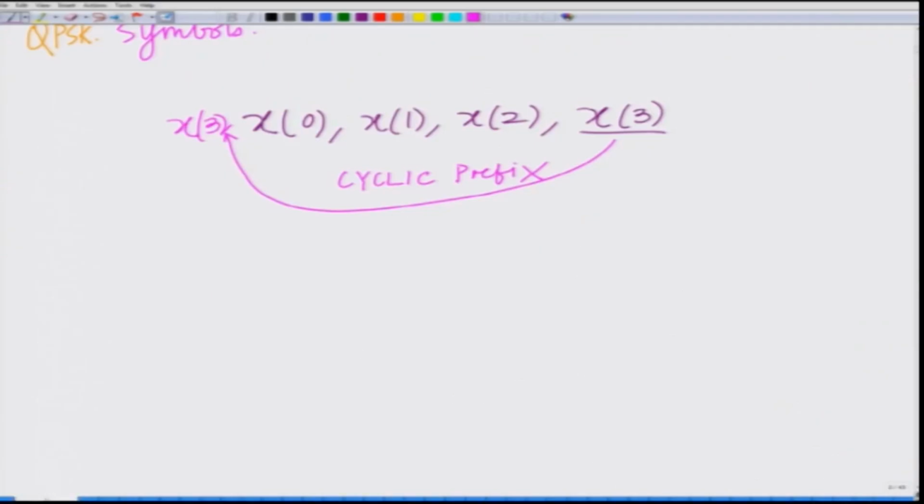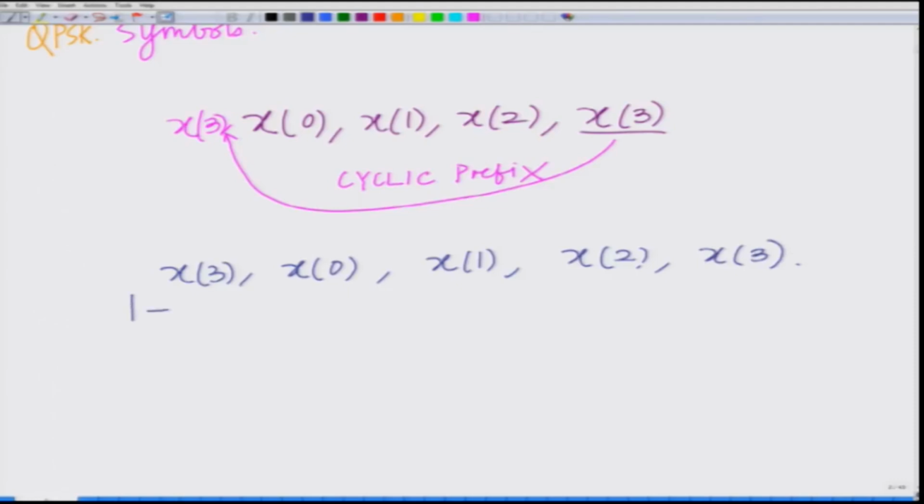So, now if I substitute the values, what is the transmitted block? Your transmitted block is x3, x0, x1, x2, x3, and now let us substitute the values.